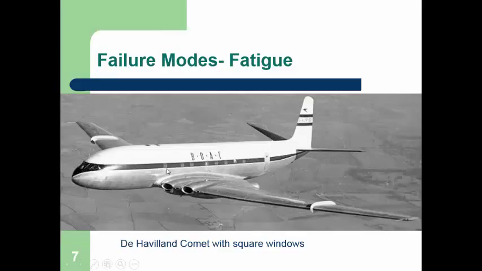That's an interesting aesthetic for the aircraft, but this square corner on the window forms a geometric stress riser, and so they had fatigue cracks on the fuselage emanating from those square windows, and lost some aircraft because of that.